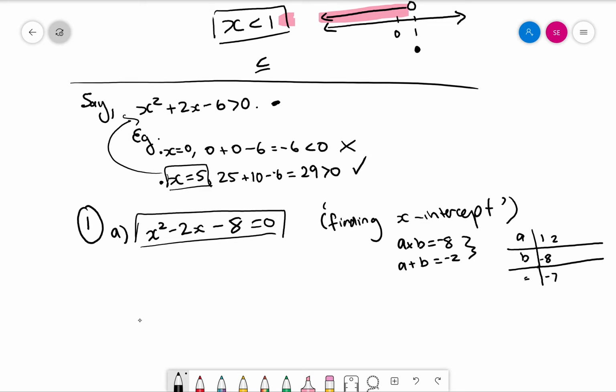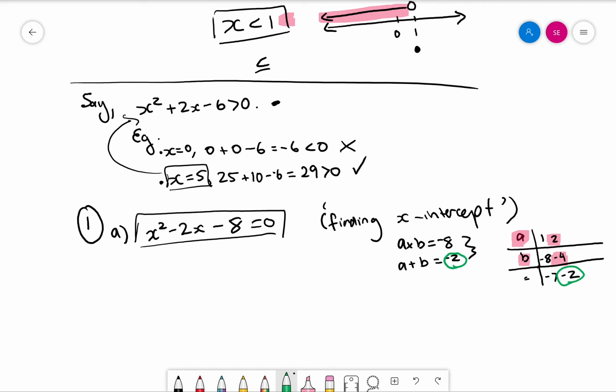We have 2 and minus 4. That would equal minus 2, which is perfect. So this will give us the right answer. So our a and b are 2 and minus 4, and that minus 2, we're matching up with this minus 2 here.